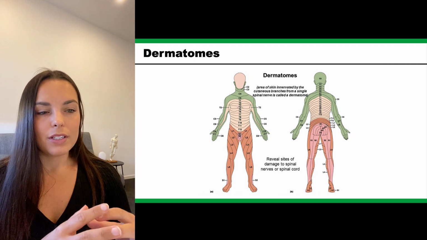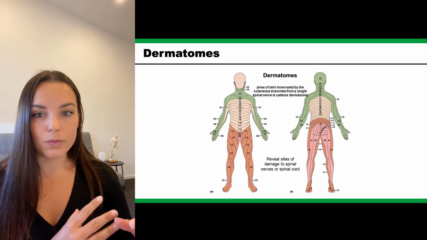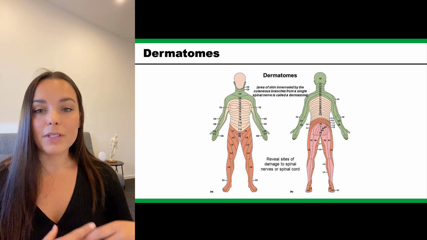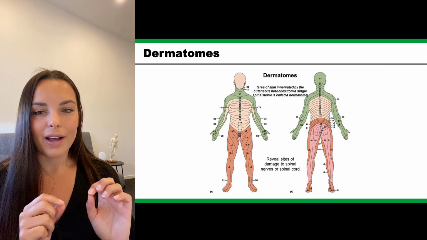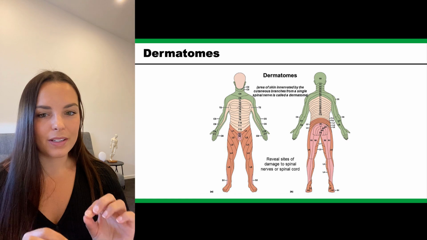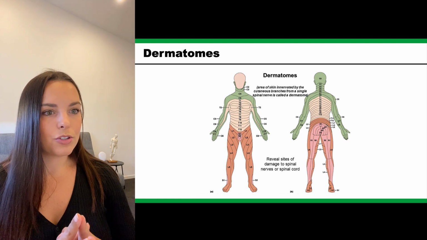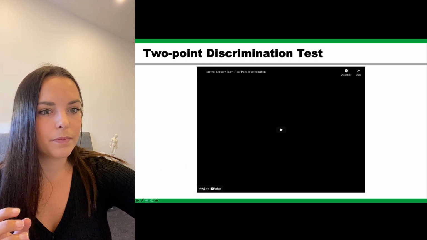And you'll notice in different sites of the body, people are more sensitive and can tell better whether there's one or two, whereas in other parts of the body, they're less sensitive, and it becomes harder to discriminate as to whether there was one or there was two paper clips being pressed into the skin. So let's have a quick look at a demonstration here of the 2-point discrimination test.